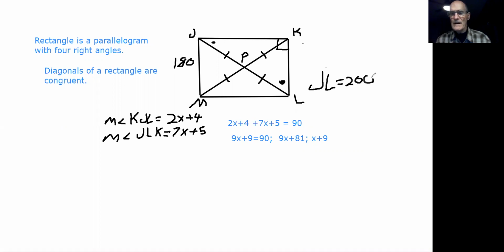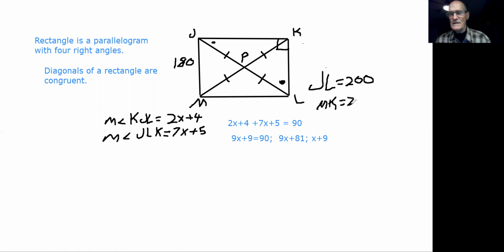If JL is 200, remember, that means MK is 200, because one of the properties of rectangles is that the diagonals are congruent.